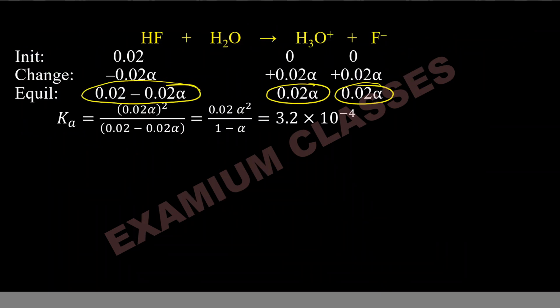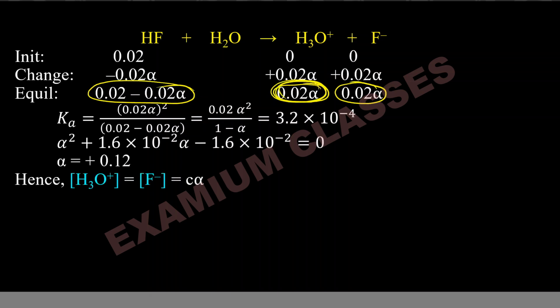So if you get the value of alpha, just substitute the value of alpha here, you will get hydronium ion concentration, and the same is the fluoride ion concentration. Substitute the value of alpha here, you will get HF concentration. So that's what I am doing here. I've got alpha, I will calculate hydronium ion concentration as C alpha, same will be fluoride ion concentration, and HF concentration will be C minus C alpha, this one.